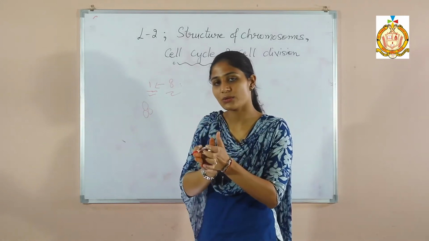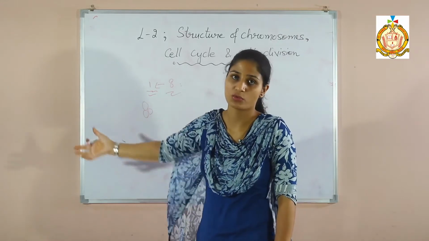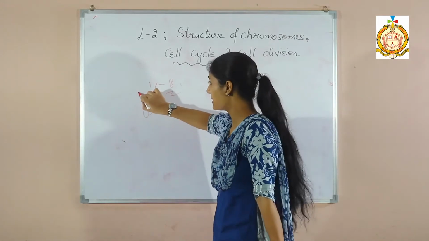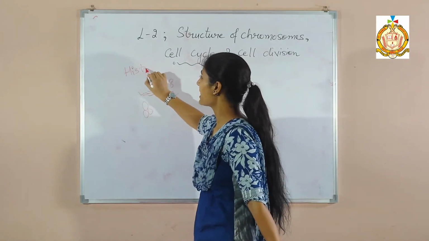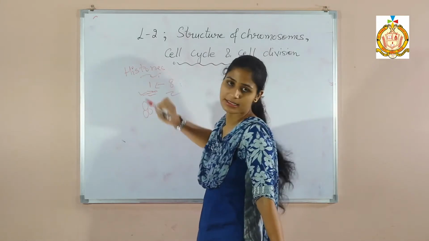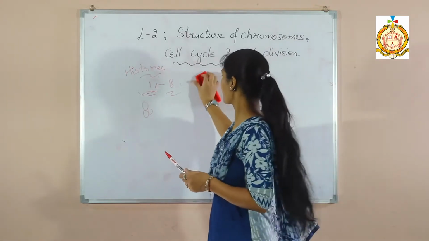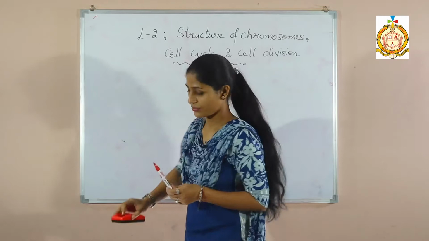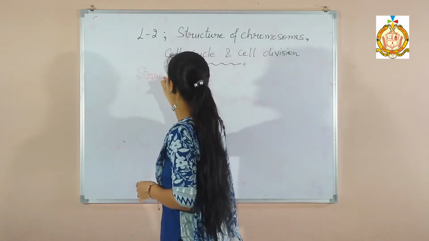And in a single nucleus there are a number of DNAs, a number of chromosomes present, and these histones are responsible for the coiling and packaging of the DNAs. So next, the structure of chromosomes.